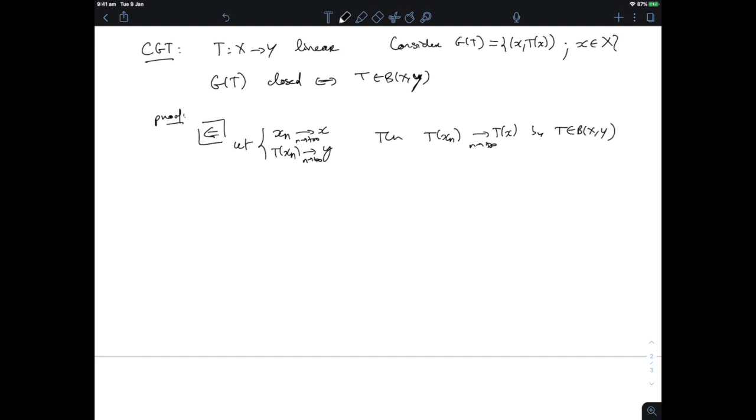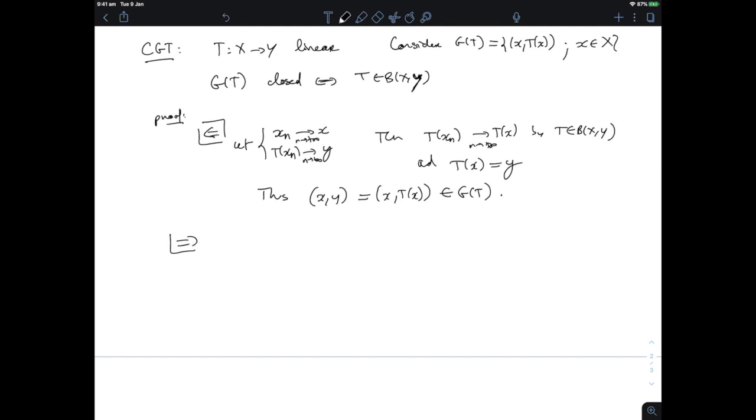And so by uniqueness of limit, I need to have T(x) equal to y. And that means that the point (x, y) is actually of the form (x, T(x)), and so is in the graph. Right, and that proves the easy direction.